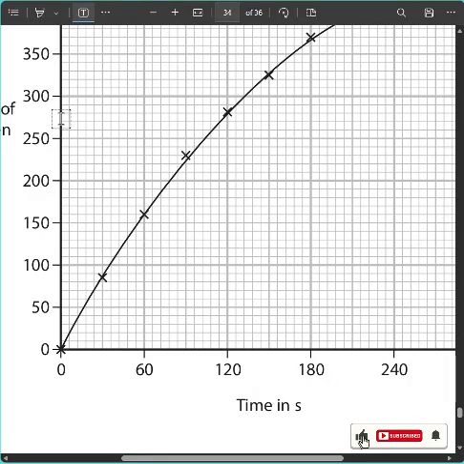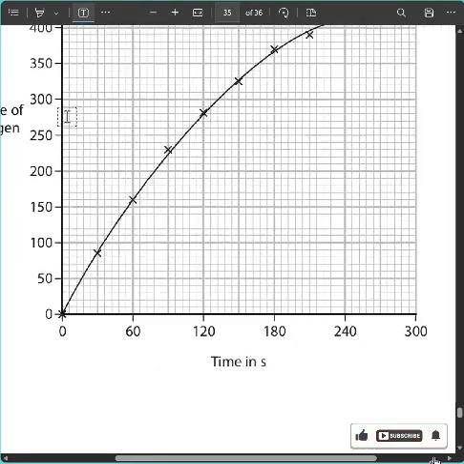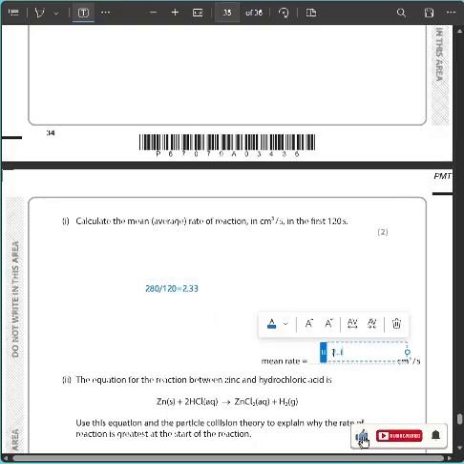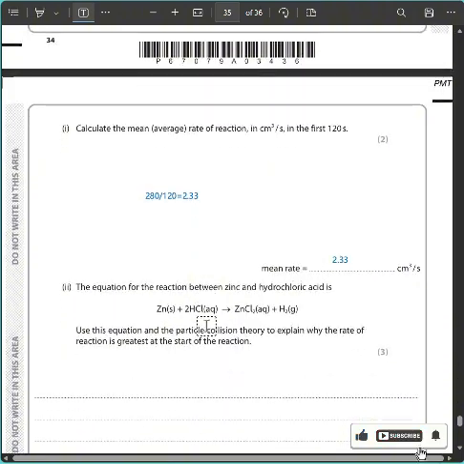It produces around 280. For finding it, 280 divided by 120, and the answer will be 2.33. The equation for the reaction between zinc and hydrochloric acid is like this. Use this equation and the particle collision theory to explain why the rate of reaction is greatest at the start of the reaction.